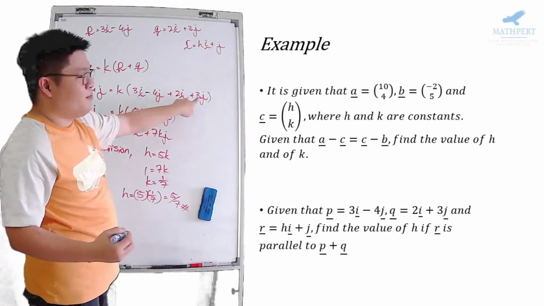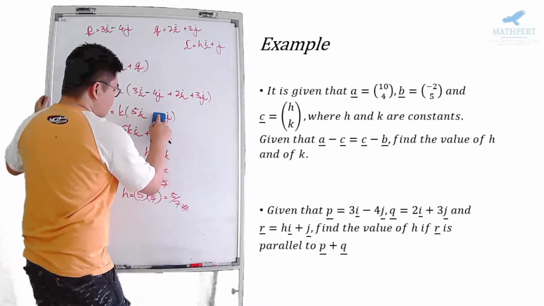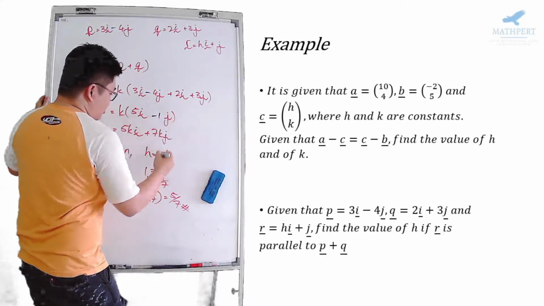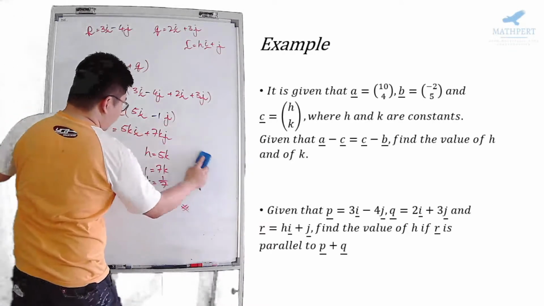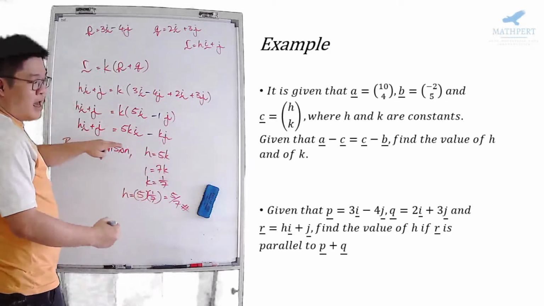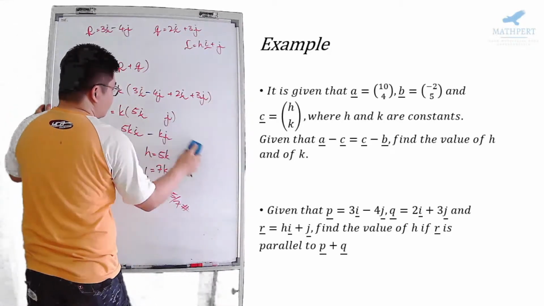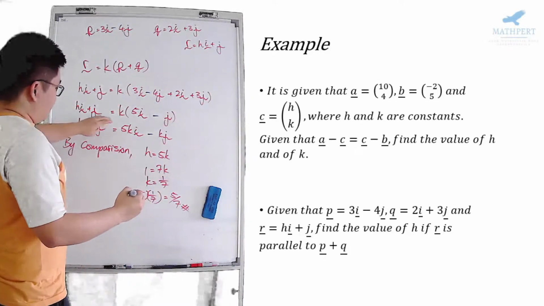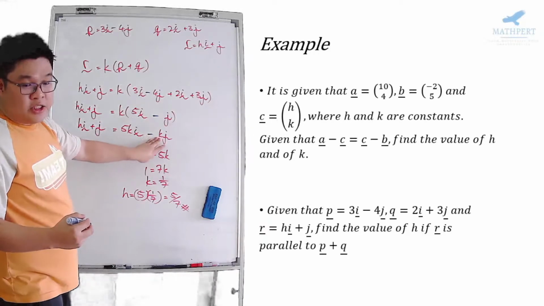Minus 4 plus 3, I get minus 1j, which is minus j. So K multiplied by minus j, I get minus kj.